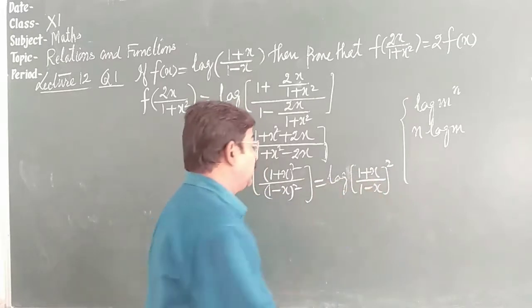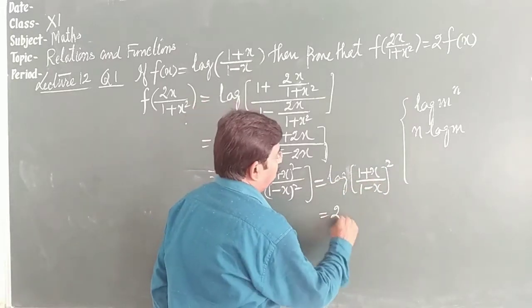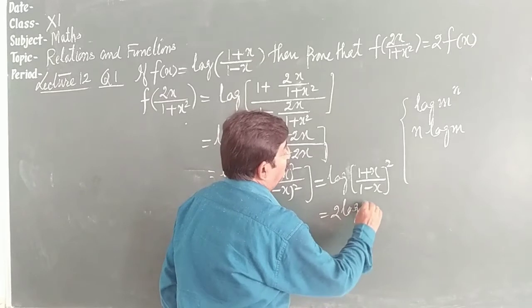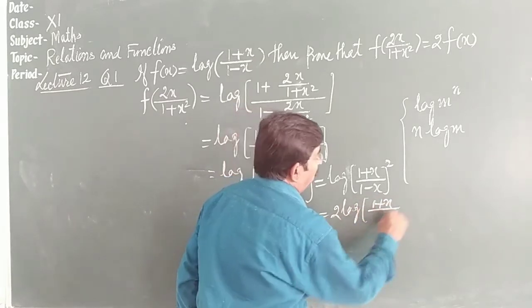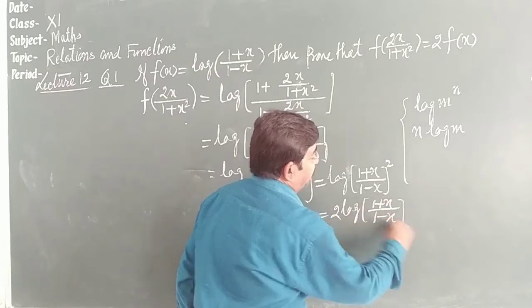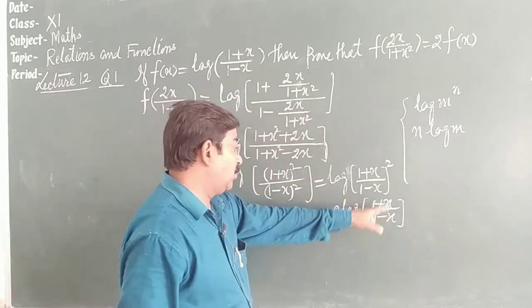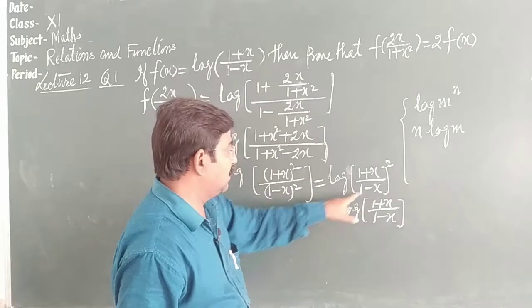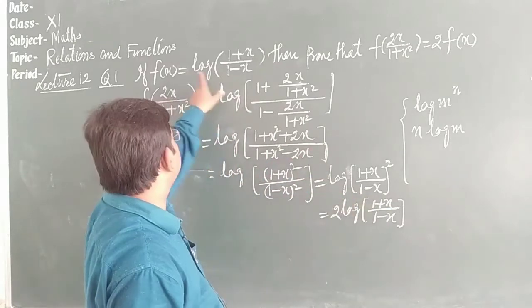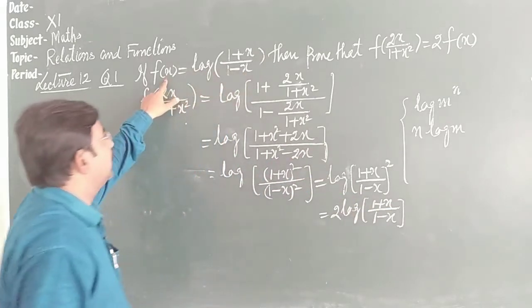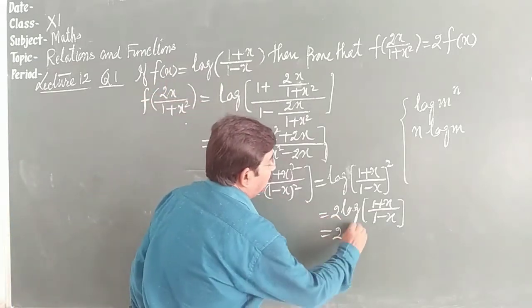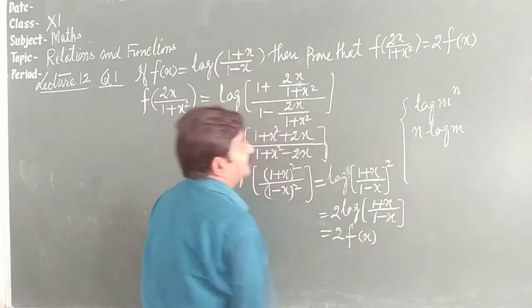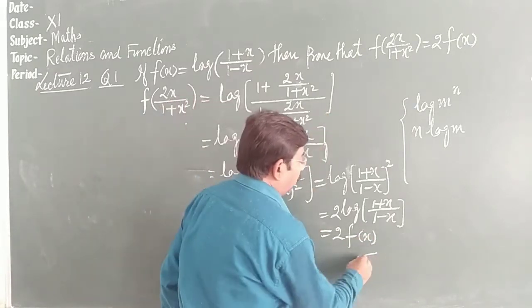So this 2 will come first. So we have 2 times log of (1 plus x upon 1 minus x), and log of (1 plus x upon 1 minus x) is equal to what? f(x). So in place of this we can write 2 times f(x). This has to be proved.